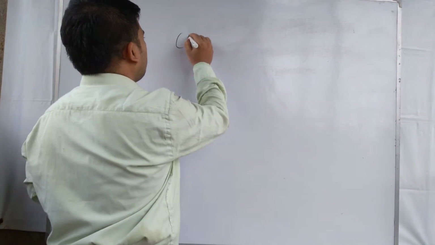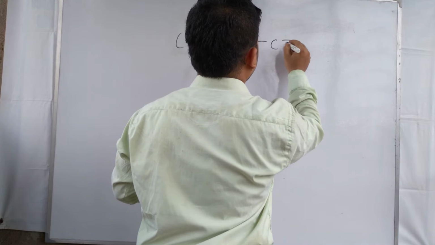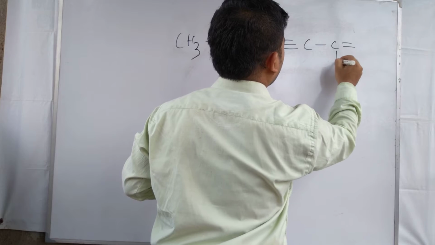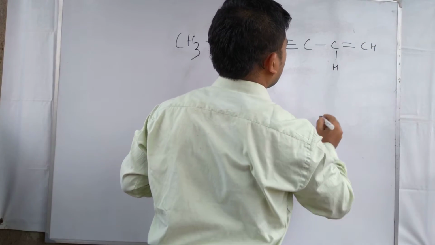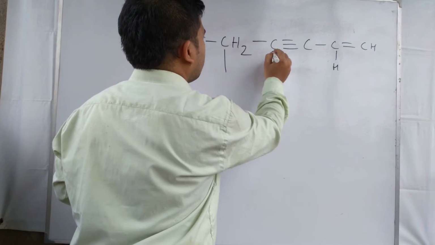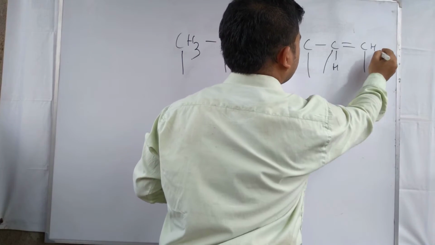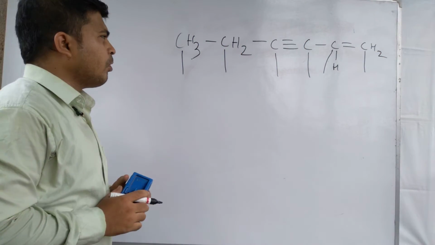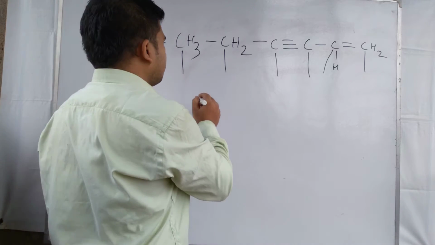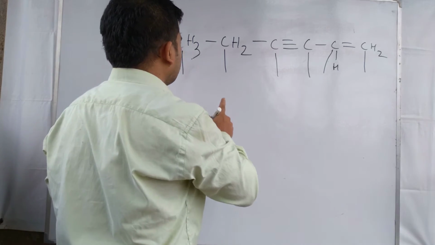Here is an example molecule: CH3 CH2 C triple bond C double bond CH. For this molecule you have to find the hybridization of each carbon. To find the hybridization of each carbon, you have to understand how many bond pairs are attached to the carbon.